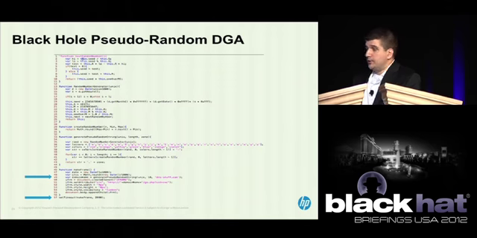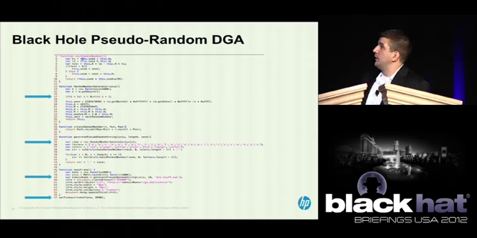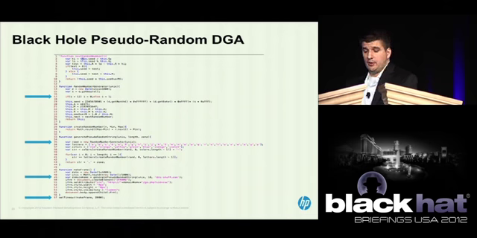Then here it does a random number generator based off the time, where if s is less than 12, then it's 0, otherwise it's 1. That's what it's using to cycle the DNS name per day.